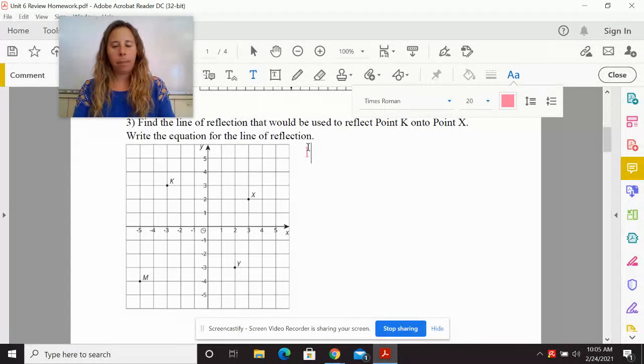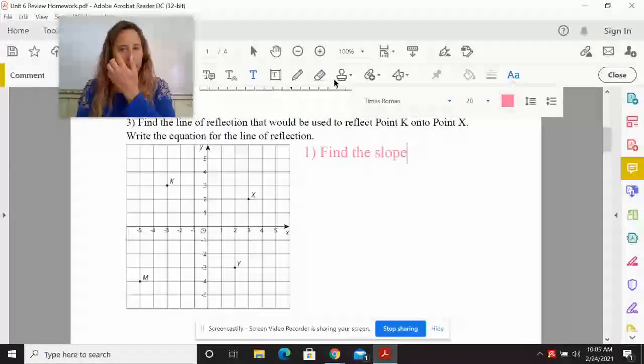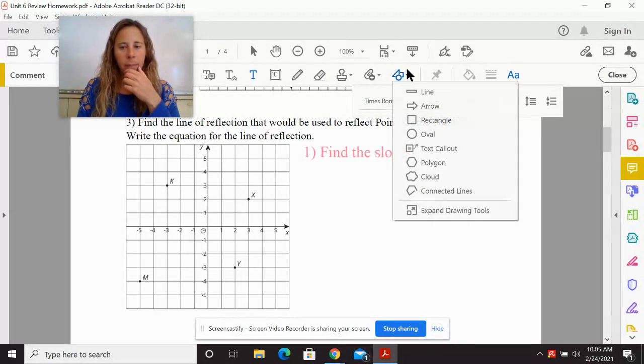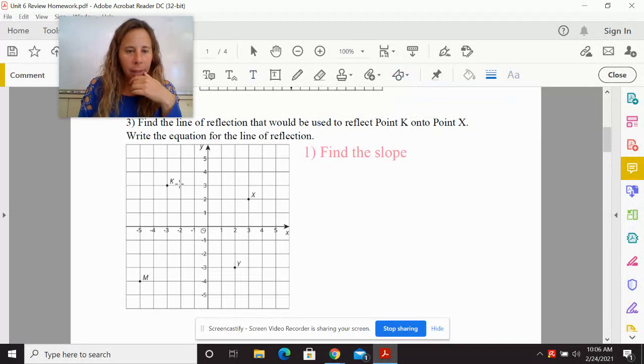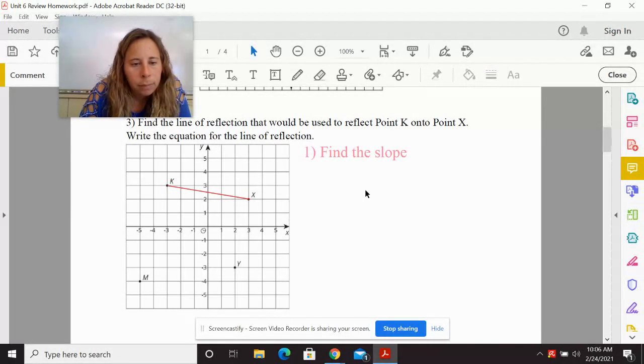First step, find the slope. I like to connect them with a line. So we're doing K to X. Okay. And then you would find the slope of said line. So we're going down 1 and over.